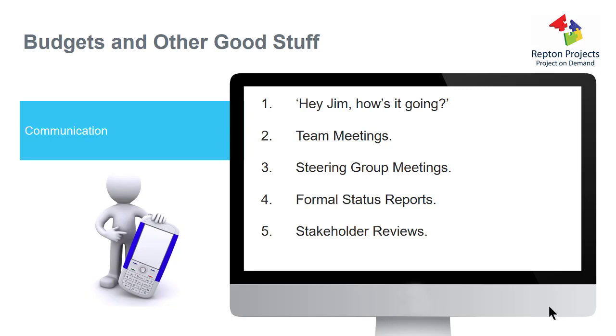Formal status reports. Project managers are very good at putting weekly status reports together around RAG statuses, red, amber, green, just to highlight to busy managers around the company how the website project is coming on, and everybody just wants to be able to see that at a glance as to whether there's any concerns that they need to be worried about. And then finally, stakeholder reviews.